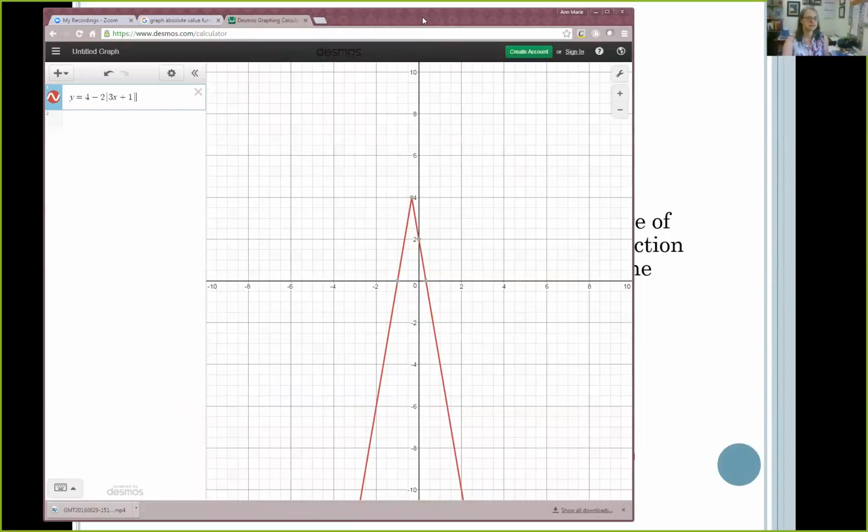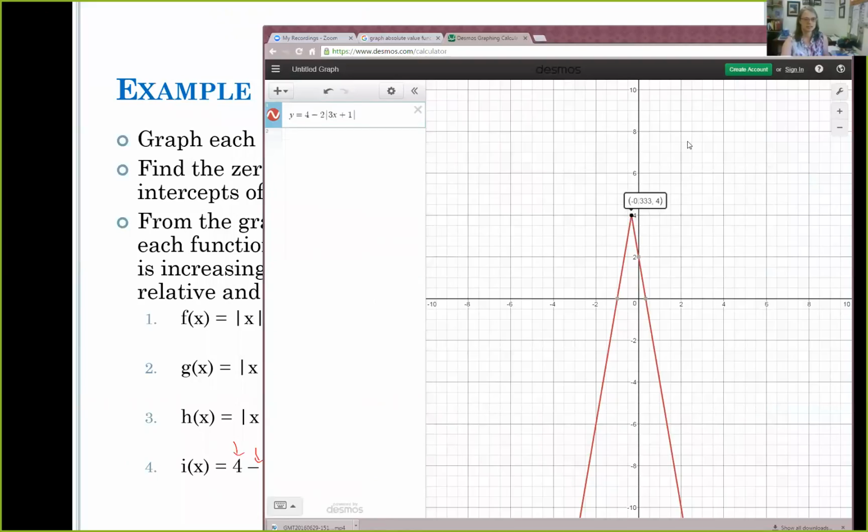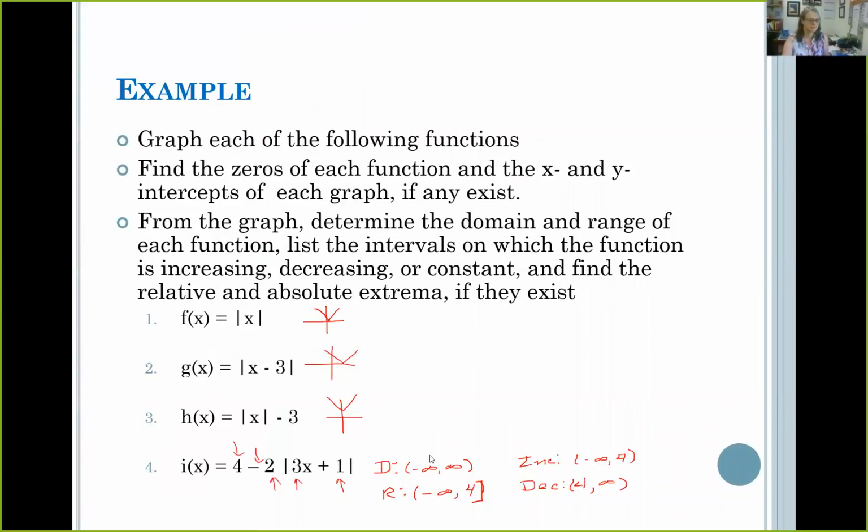What's the extrema? Yeah, we've got a maximum right here. So yes, we have a max at y equals 4, or that is the point -1/3, 4. All right, nothing too surprising, yes?